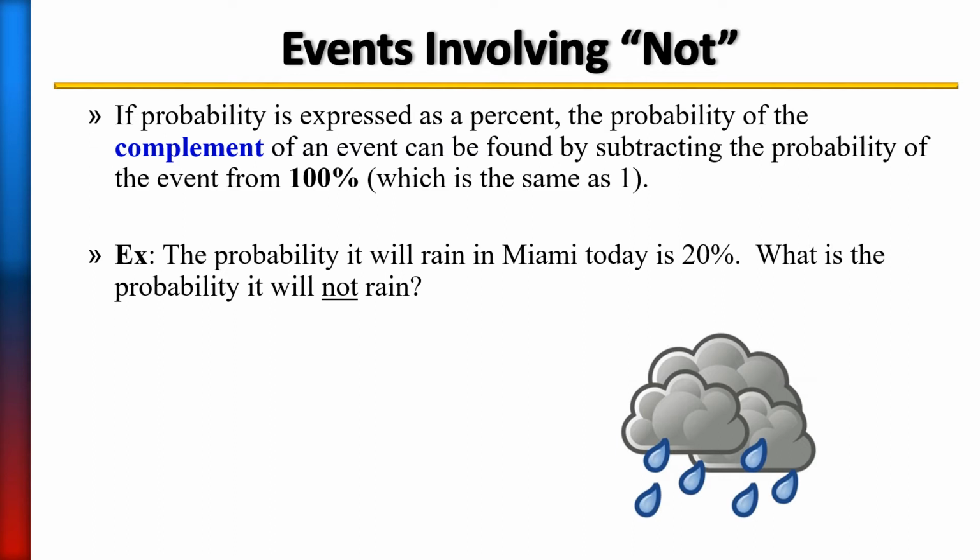When you have the percentages and you want to find the not of that event, instead of 1 minus something, since we're dealing with percents, you're going to say 100 minus 20. And then what you get is your not, and in this case, there's an 80% chance that it will not rain in Miami.